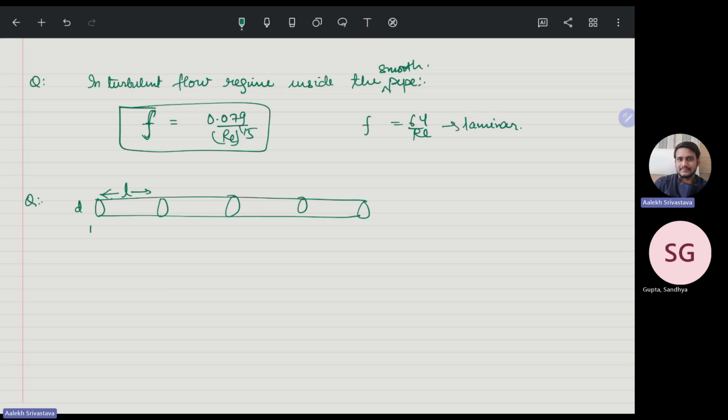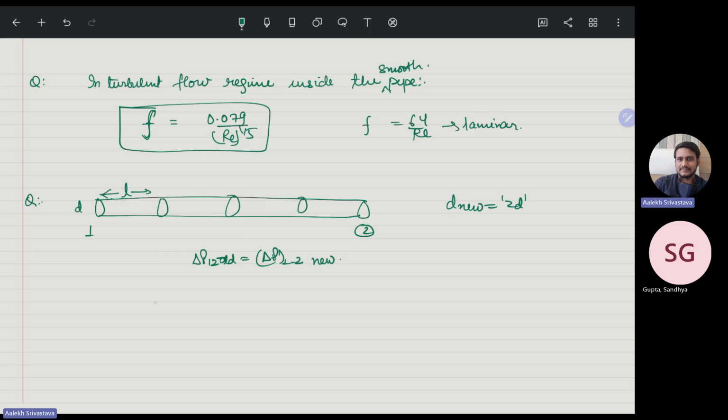Suppose this is end one and this is two. So suppose you have a new system in which we have double the diameter, and the condition is delta P from 1 to 2 in the old system is equal to delta P from 1 to 2 in the new. So this is the condition.